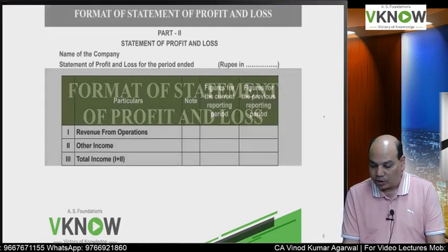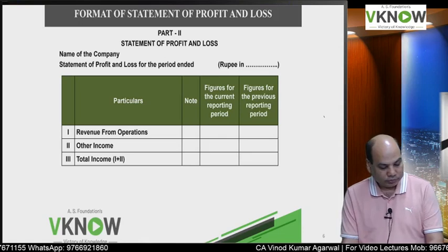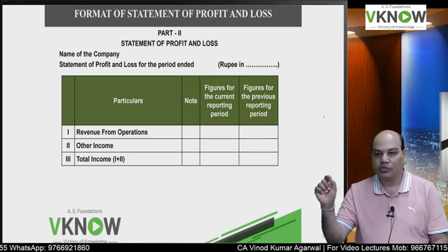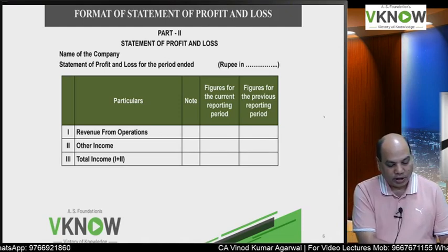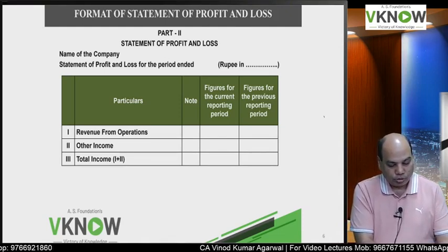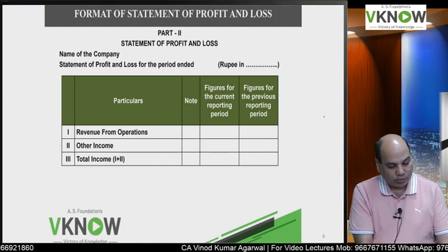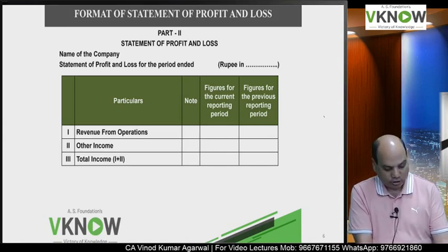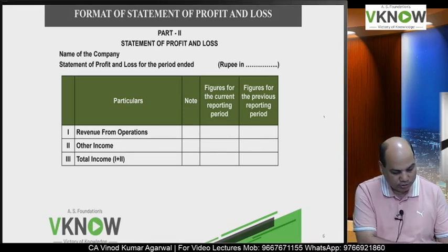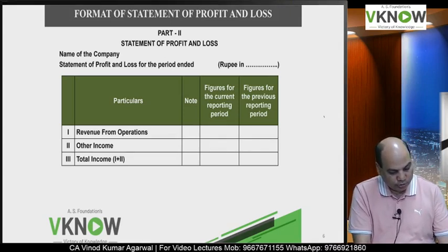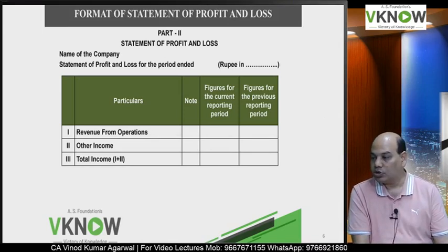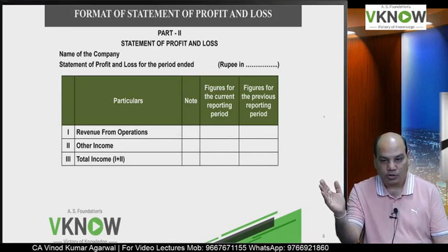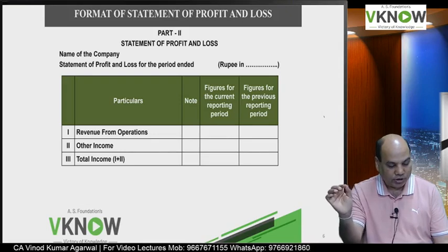Next is, what is the format of the statement of P&L account? If you want to read the bare text of division 2 of schedule 3, it is printed at the end of our book. Those who have the notes, it is printed on page 2.44 in your book, annexure A for self-reading.